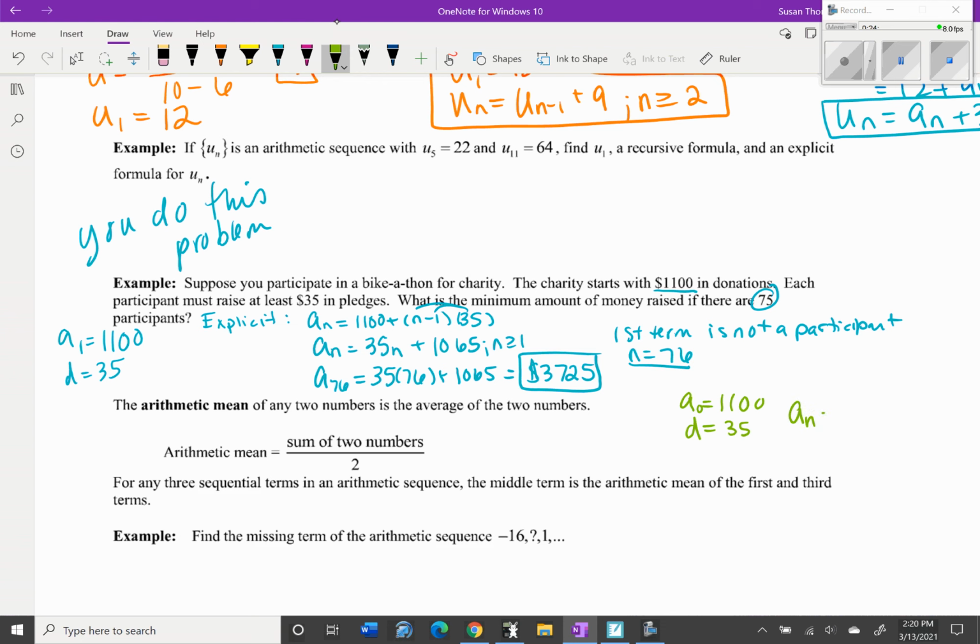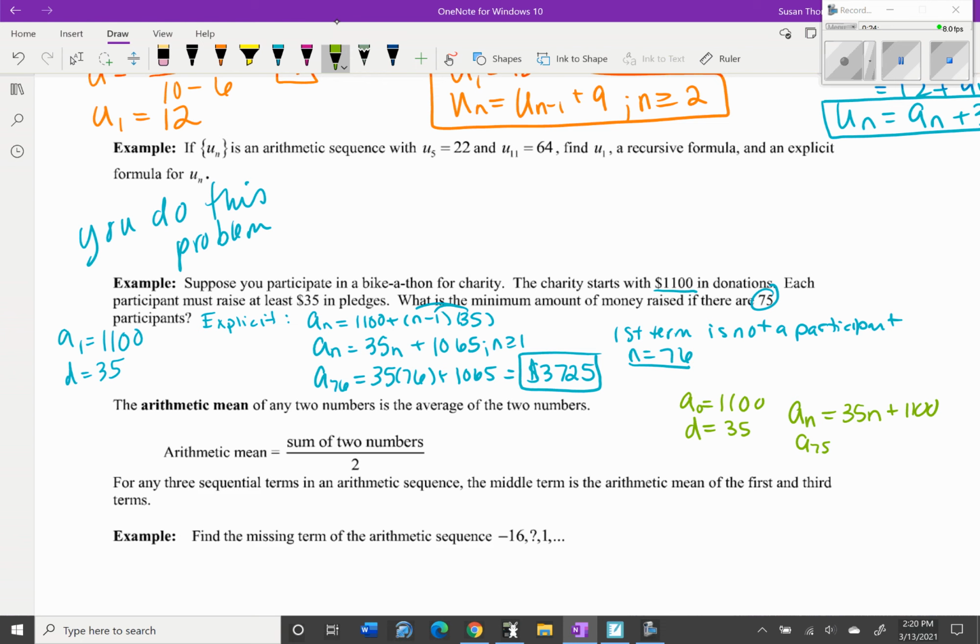So we could also say a sub n equals 35n plus the 1,100. And if we did this with a 0 term, then you could use a sub 75 in your equation. And if you did that, you would end up with the same answer.